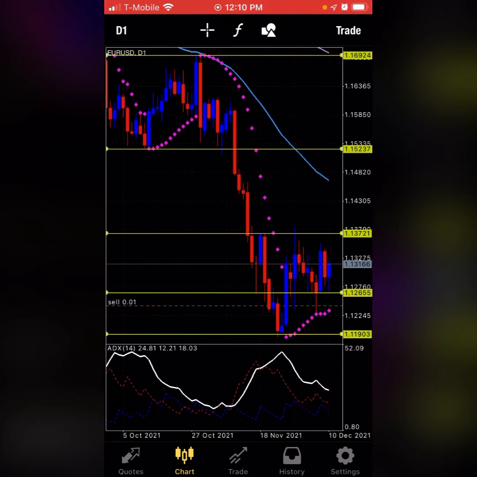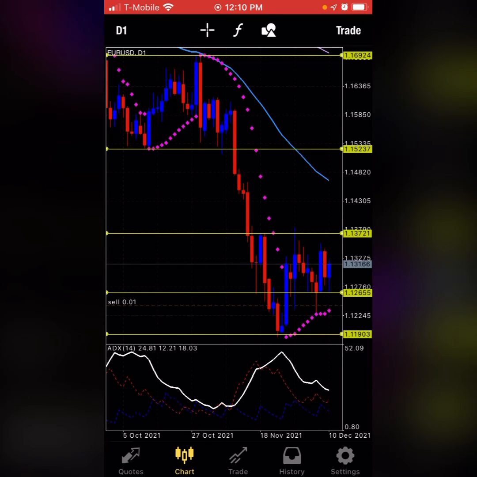Okay, and it dropped all the way. And then you see where I had my support here, which is 1.13721, that was where price was at. It broke all of that. If you could clearly see, it broke all of that. And then you can see where price had clearly dropped, went all the way down here.